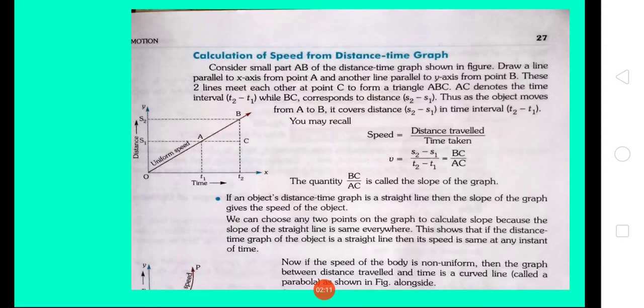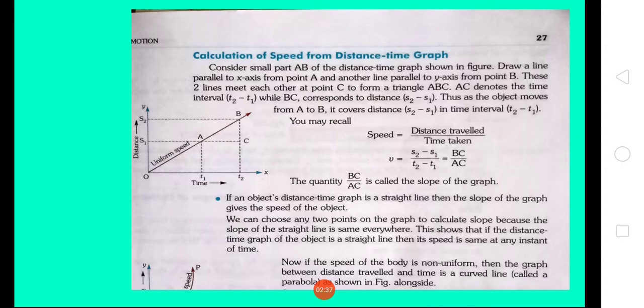And we have already learnt that speed is calculated using the formula distance travelled by time taken. So here through this graph we can calculate speed using the slope, which is V equal to distance travelled, S2 minus S1, divided by time interval T2 minus T1.